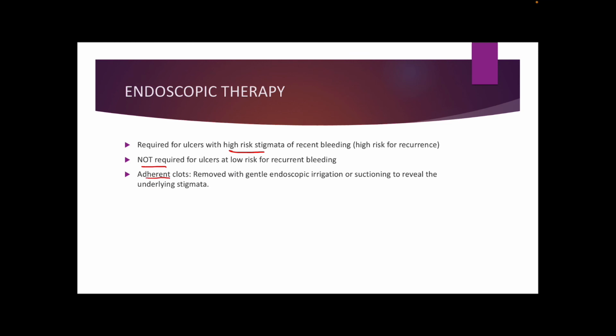Now, the management of these adherent clots is a bit controversial, but what we generally do is we remove the adherent clots with gentle endoscopic irrigation or suctioning in order to reveal the underlying stigmata of hemorrhage. And this has to be done only by a person who is equipped to do the removal of the adherent clots, and the location of the ulcer should be such that in case bleeding happens, you can easily stop the bleeding with endoscopic therapy.